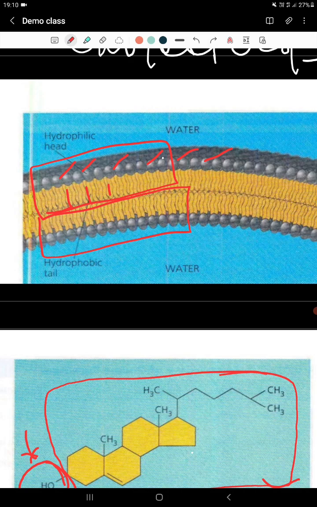For that purpose, it has made itself in such a way that either extracellular or intracellular, it faces the water with its hydrophilic part, and in between the two hydrophilic zones, a hydrophobic part is embedded. In this way it avoids direct contact of water with it, and so it is stabilized.